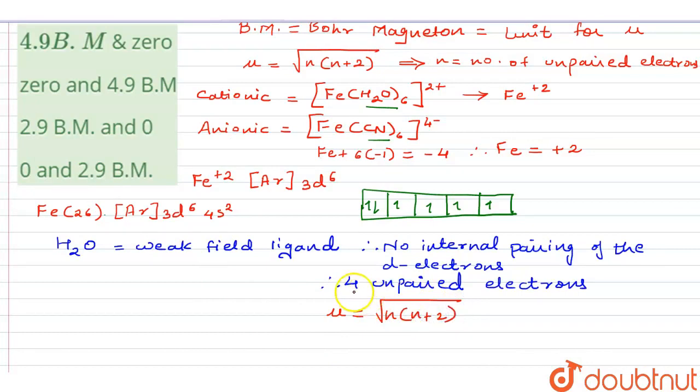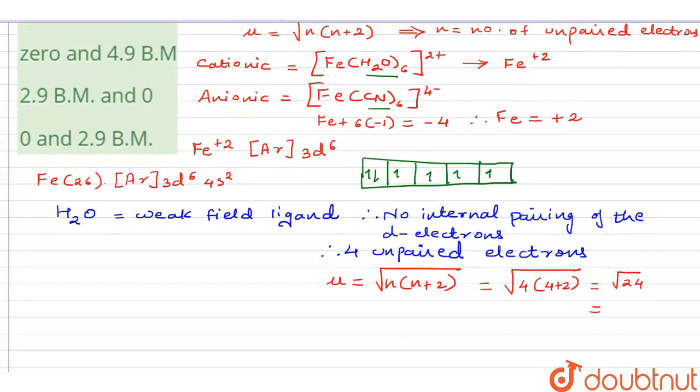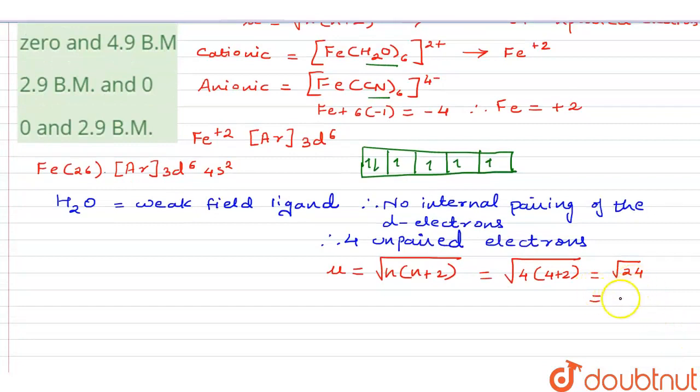Substituting 4 in place of n, that's 4 into 6, which makes it root of 24. Root of 25 is 5, so approximately root of 24 would be 4.9 BM. So mu for the cationic complex, which I'm indicating as mu c, is going to be 4.9 BM.